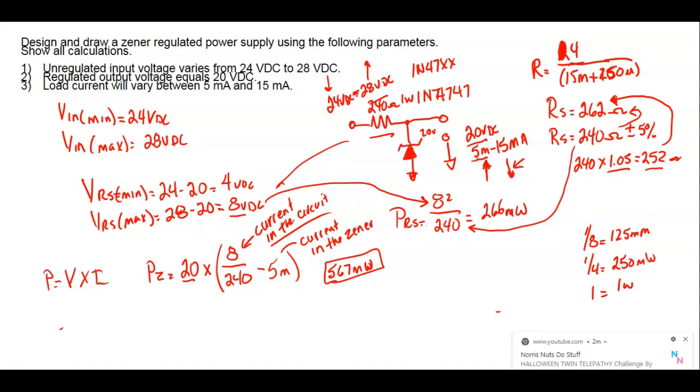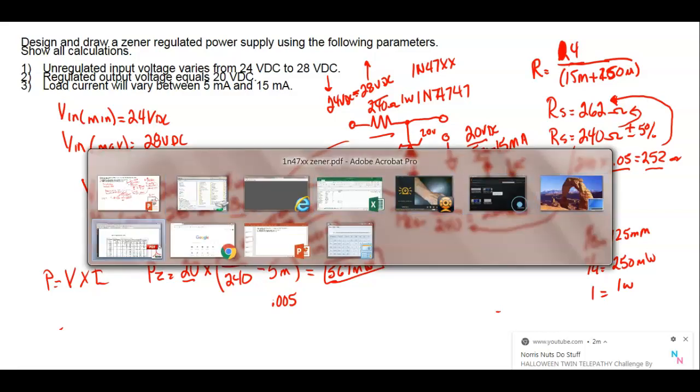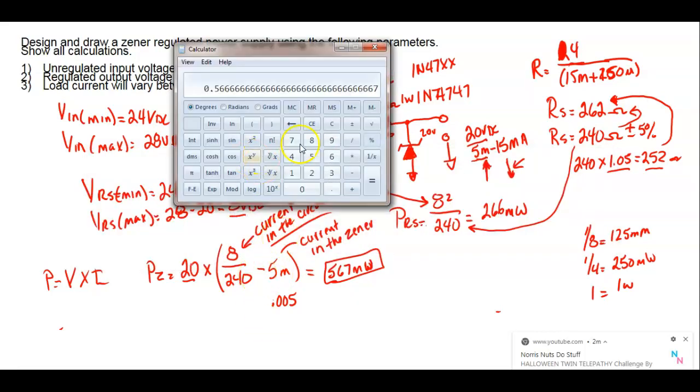Did I do that right, guys? Anybody get anything different than I got? No, I did. This is 5 milli, which is 0.005. Okay. So 8 divided by 240 gives us 33 milliamps.